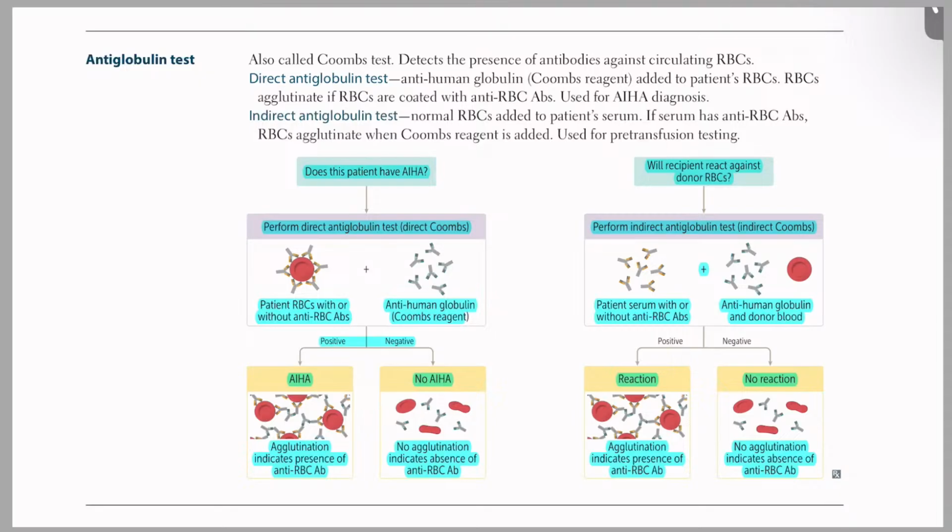What will happen in positive? What will happen in negative? Positive: AIHA, agglutination indicates presence of anti-RBC antibodies. No agglutination, no AIHA; no agglutination indicates absence of anti-RBC antibodies.